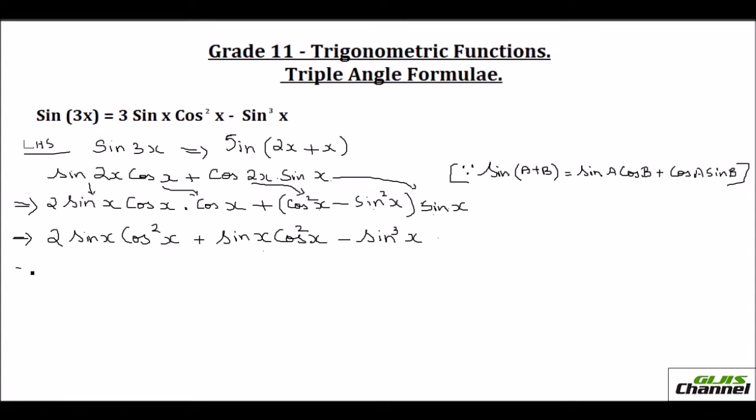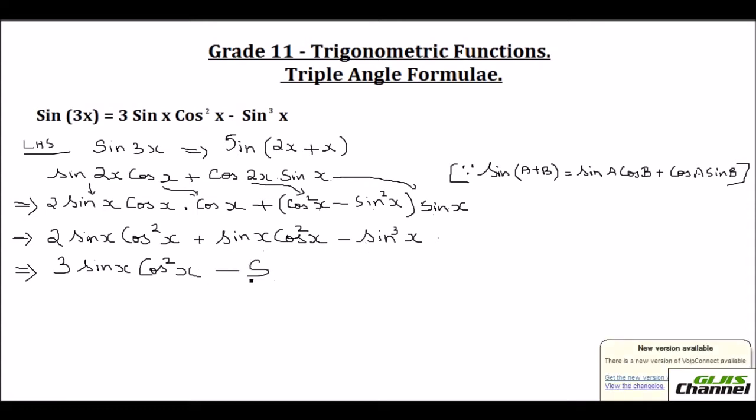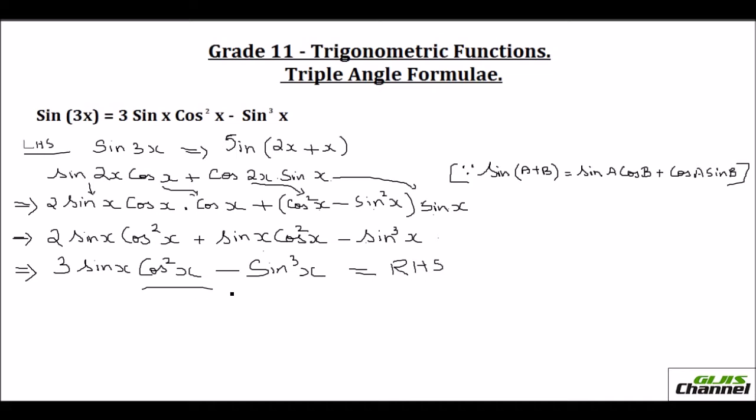You can add them up, right? So you would get 3 sine x cos square x, okay? And minus this sine cubed x, which is equal to your RHS. Hence you have proved that sine of 3x is equal to 3 sine x cos square x minus sine cubed x, okay? So this is the sine 3x formula.